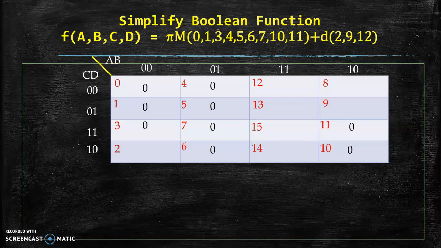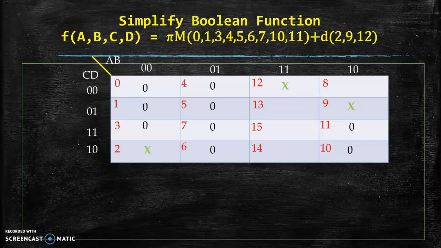Now as per the given don't care condition, 2, 9 and 12, we have to put a cross sign in 2, 9 and 12. In case of SOP type of Boolean function or in case of POS type of Boolean function, don't care condition can be taken either as a 0 or as a 1 as per our convenience, and we can use it in preparing the groups.